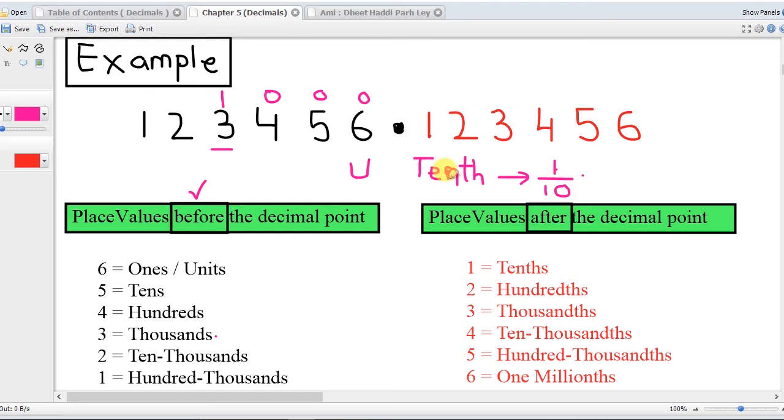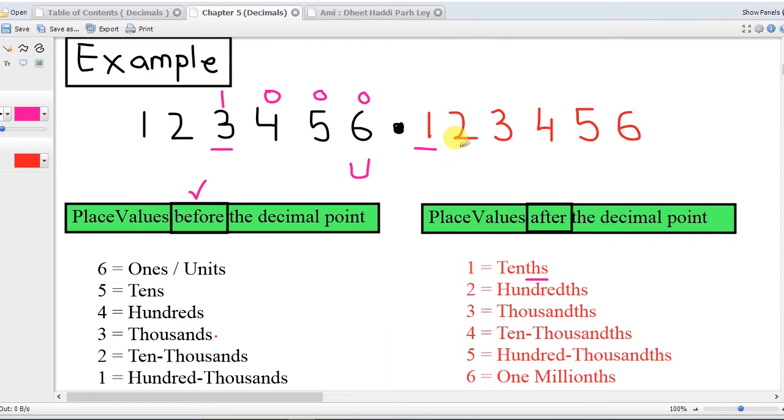So 1/10 means 1 out of 10. Got it? Okay. So the place value of this digit 1 is tenth, TEN with TH.